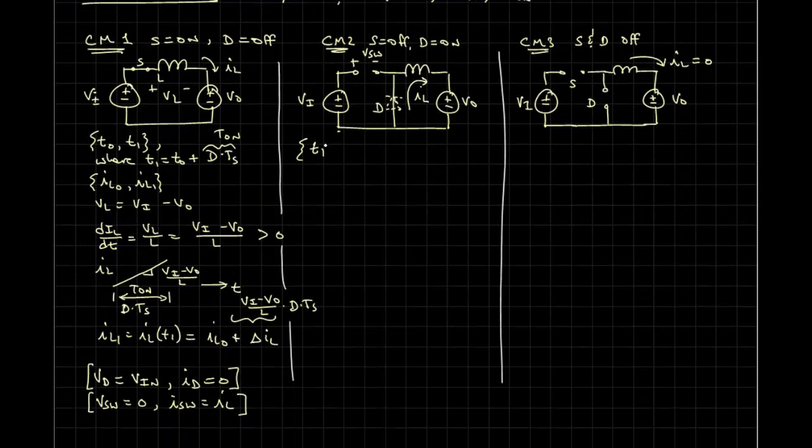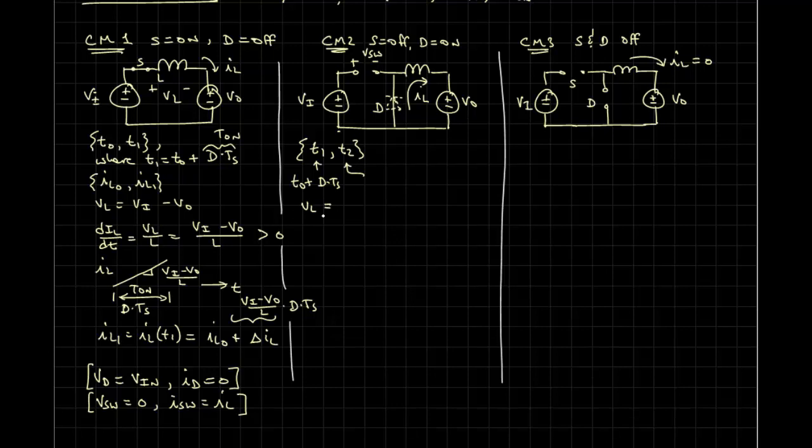So circuit mode M2 starts at t1, which is equal to t0 plus D Ts, and it goes to t2, where we have yet to determine what t2 is, so I'll leave that be for now.